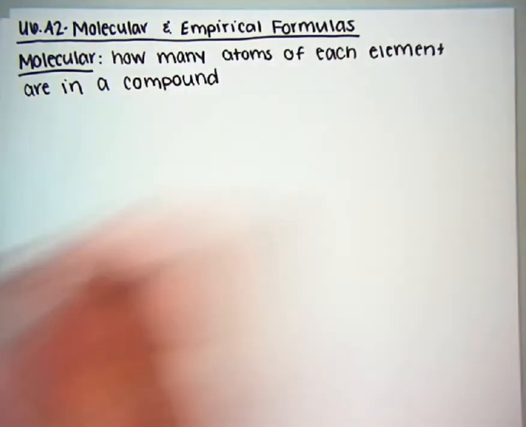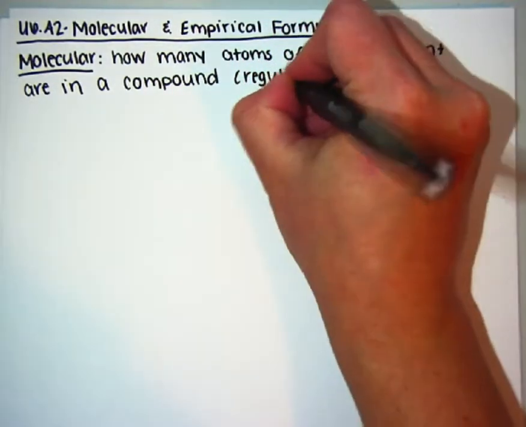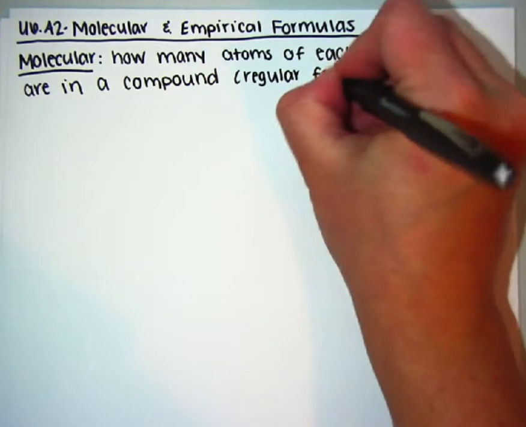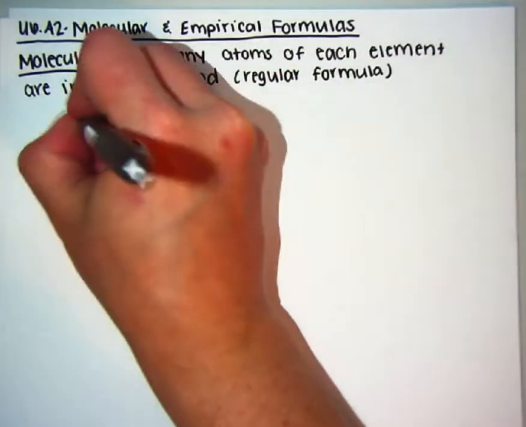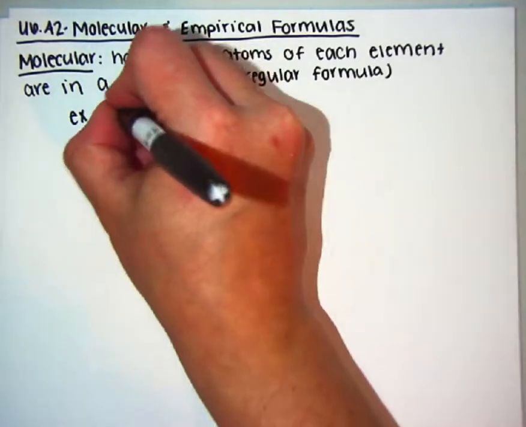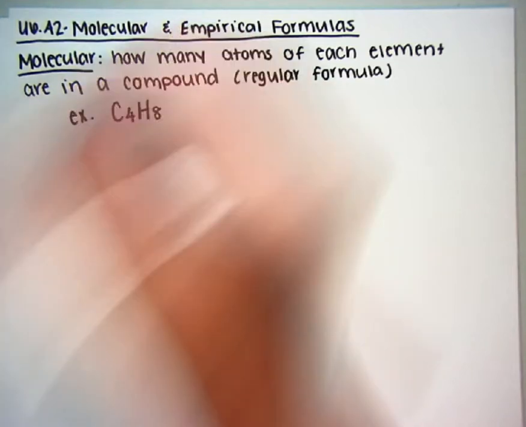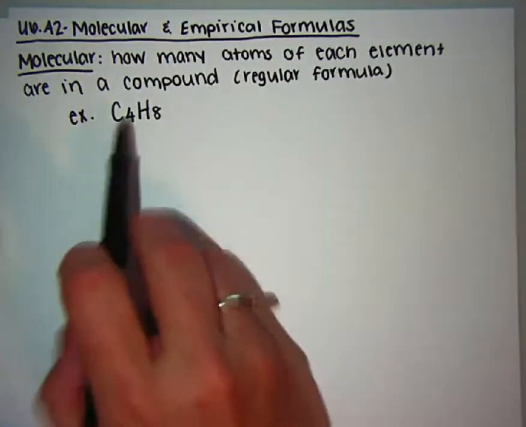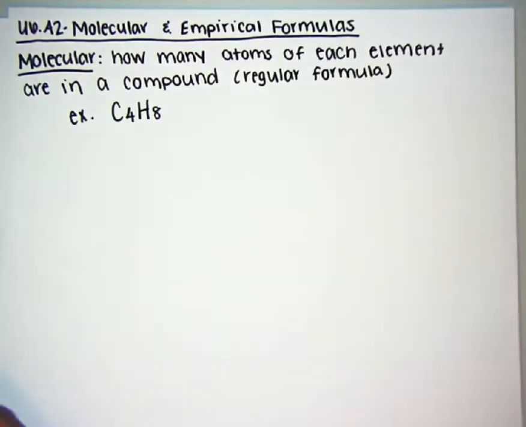Think of the molecular formula just like the regular formula that we're used to dealing with. Let's say my formula was C4H8. This tells me I have 4 carbons and 8 hydrogens. This is a molecular formula.